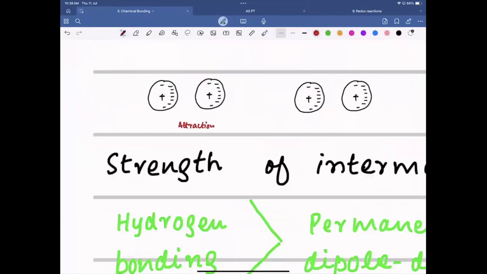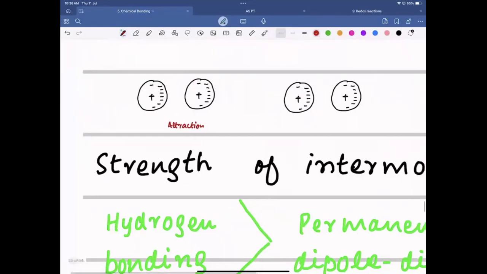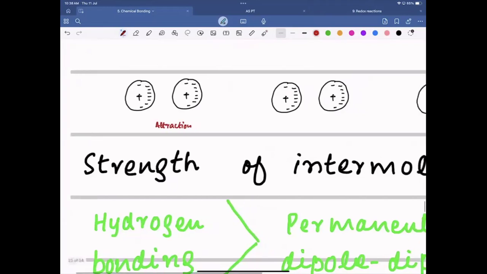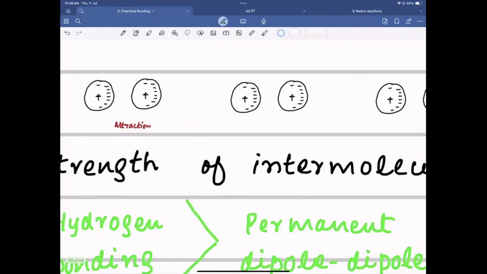Yes, sir. Then, as you know, the electrons are mobile, right? They are continuously moving. So at a point, it will also happen that both the negative charges come in front of each other, and as a result, what happens? Repulsion, right?